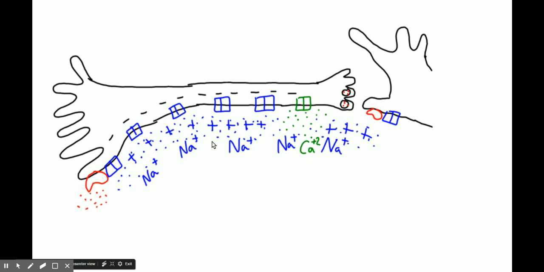And they're all positive cations because they have lost electrons, and now they have more protons than they do electrons. Here, this is a vesicle, and inside the vesicle are neurotransmitters. And a vesicle has a membrane around it, a lipid bilayer, and it's the same type of lipid bilayer that surrounds the entire outer cell membrane.